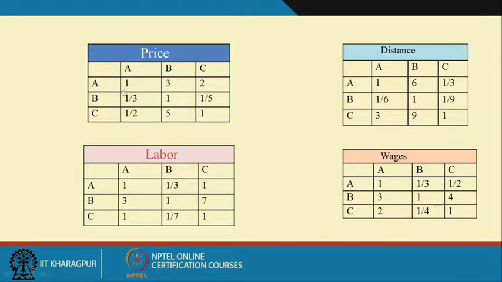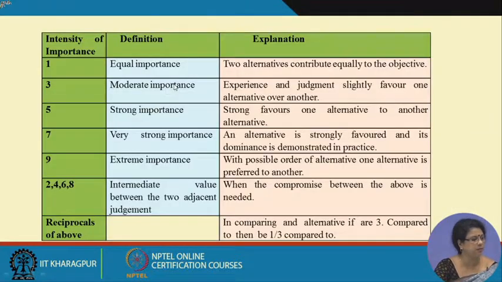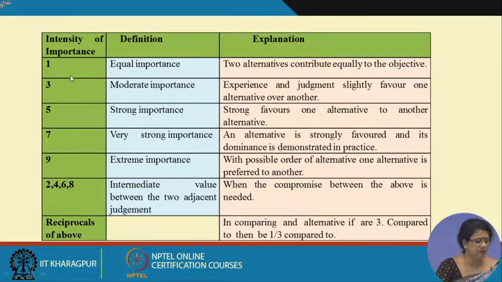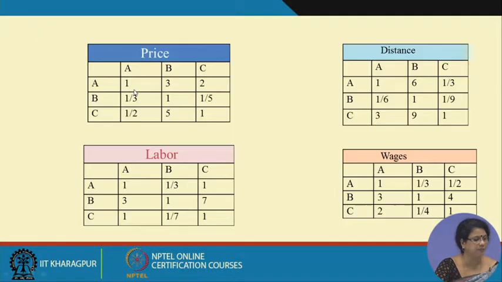With respect to property price, let me explain the matrix now. It has been said that A is 3. 3 means moderately more important than B. And A and C, if we compare, what is given there? That is 2, that means not equally important, not moderately important, in between.